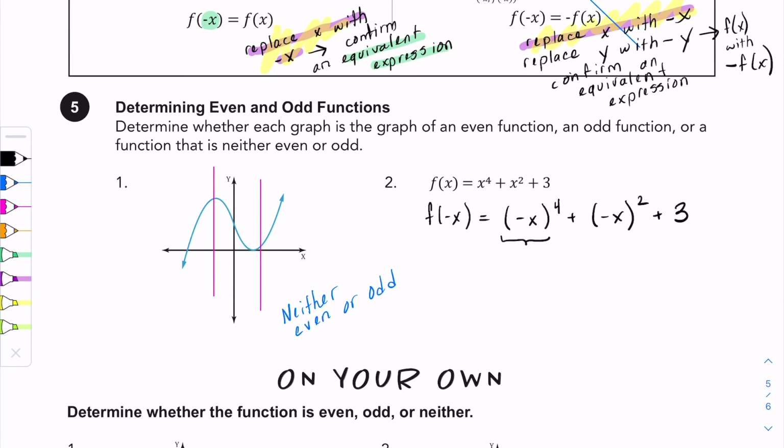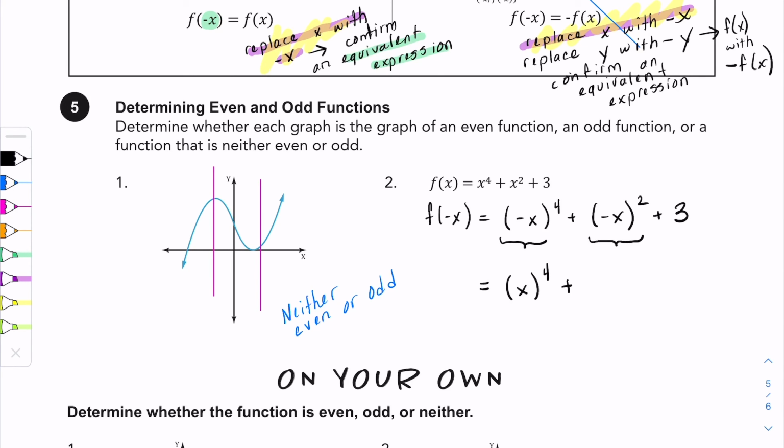Any number raised to an even power is going to simplify to a positive number. That happens in this first expression and the second expression. Therefore, negative x to the fourth, regardless what the number is, it's going to simplify to a positive value. So we can just write this as x to the fourth.